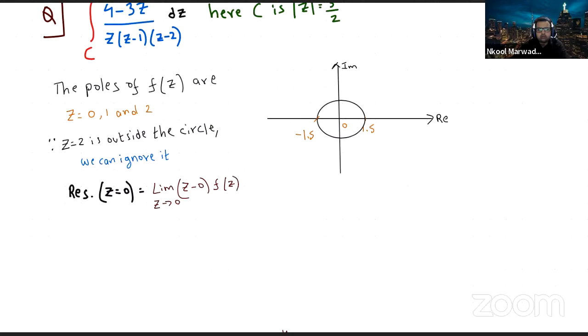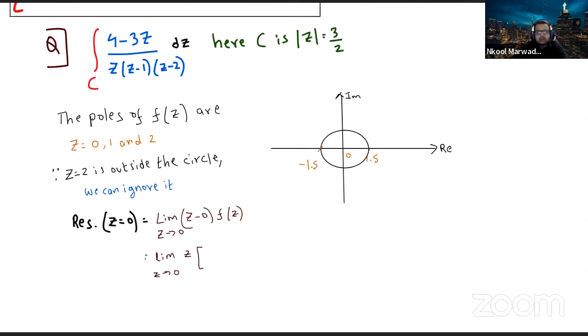It will become limit z tends to 0, z into f of z, the function (4 minus 3z) upon z into (z minus 1) into (z minus 2).